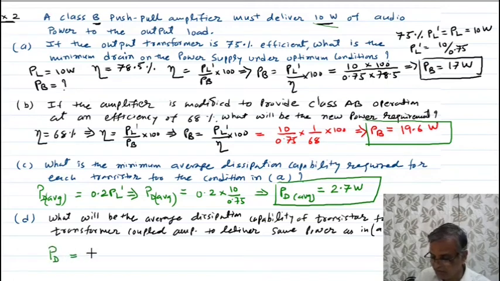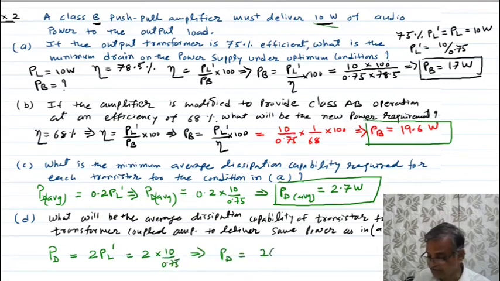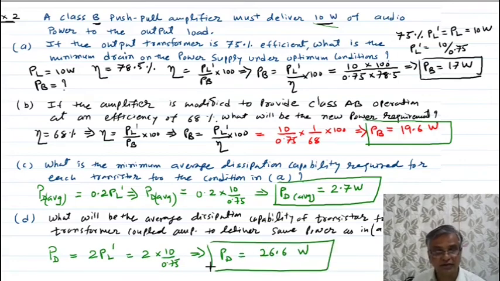Then PD of a transformer coupled amplifier is given by 2 PL dash, so 2 multiplied by 10 upon 0.75, which is 26.6 watt. So it is better to use class B operation, since the transistor power dissipation capacity is low and also low power is required.